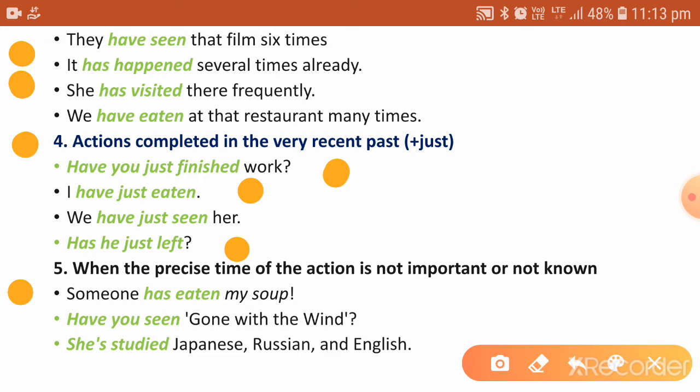Have you seen Gone with the Wind? Here it may be the name of a play, a serial, anything it may be, but here you can know this is a subject. Have you seen?